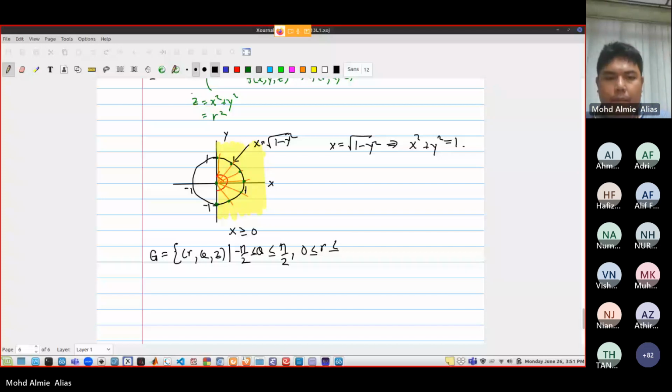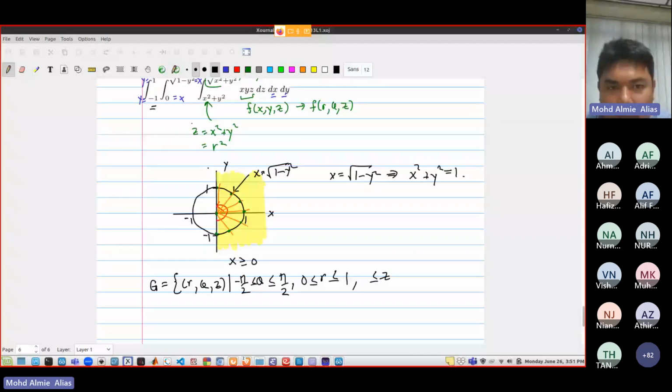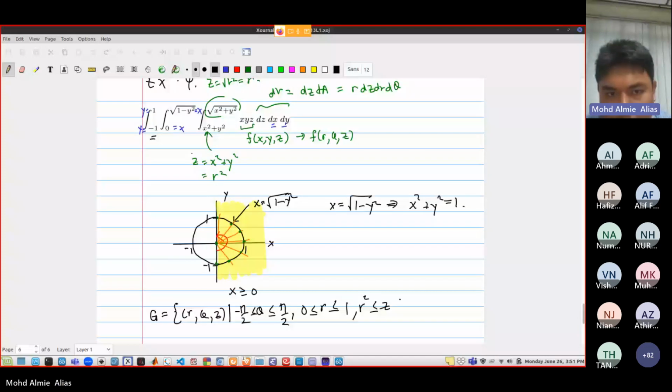So this is from polar coordinates, nothing new. And then our z. Now we don't really sketch the solid, because it's obvious. Here, this is r squared, and this is up to r. Okay, done.